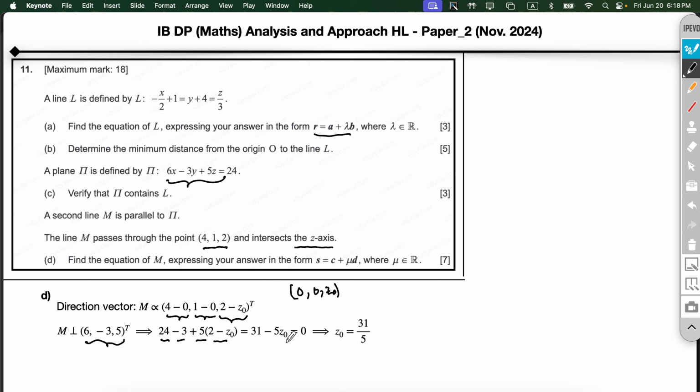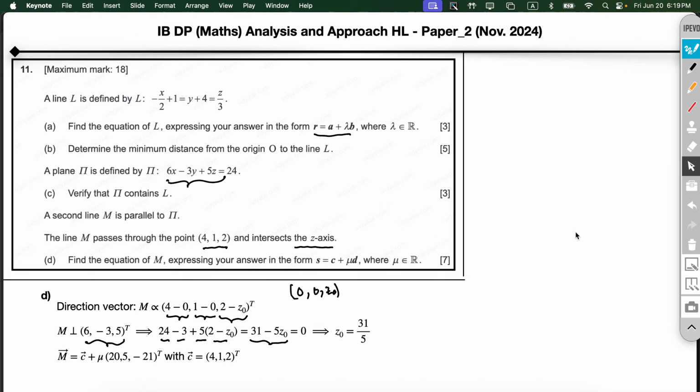Now, if they are perpendicular, then the dot product will be 0. So this is the dot product, and if it is 0, then z naught equals 31 by 5. So just applying the fact that M is perpendicular to the normal of the plane pi, we have found the unknown that we were looking for, which is z naught.